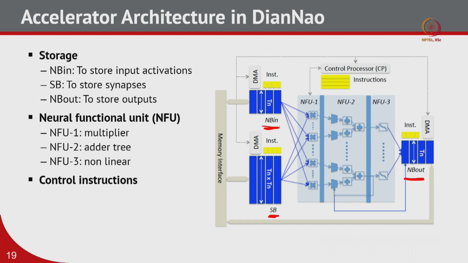The NFU is segregated into 3 different units: NFU 1, NFU 2 and NFU 3. NFU 1 is a set of multipliers, NFU 2 is an adder tree, and NFU 3 implements the nonlinear functions or operations. And finally, they have control instructions, which is the software part of this particular accelerator.